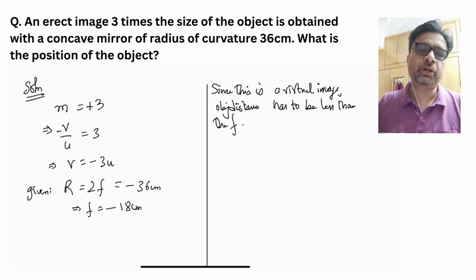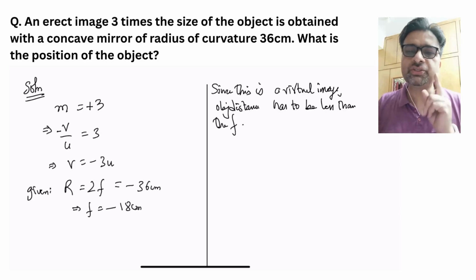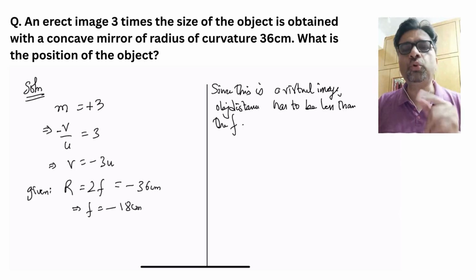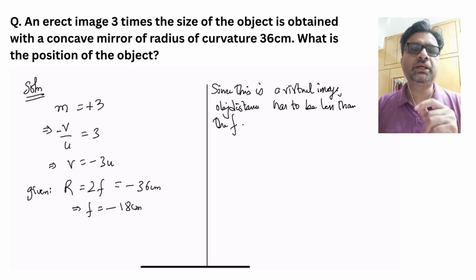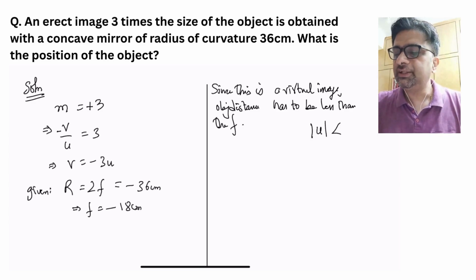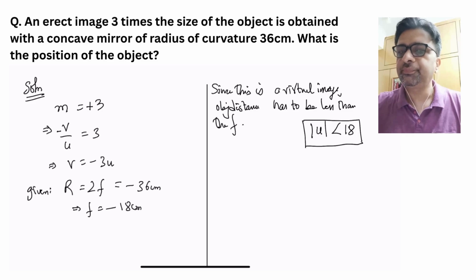We know this from our understanding of ray diagrams, that it's only in case of a concave mirror, when the object is placed between the pole and the focus that we get a virtual erect image. And therefore we know well in advance that the numeric value of the object distance is going to be less than 18, and that's something we can keep at the back of our mind.